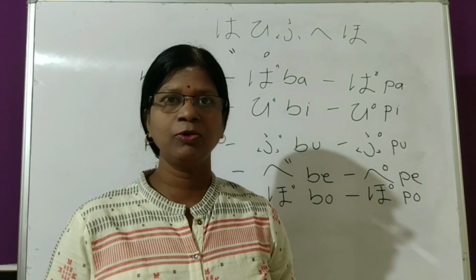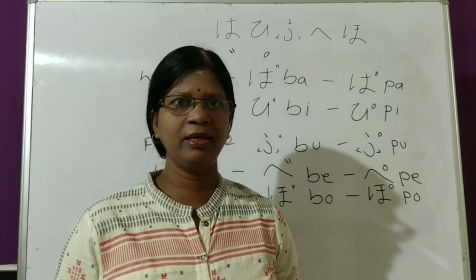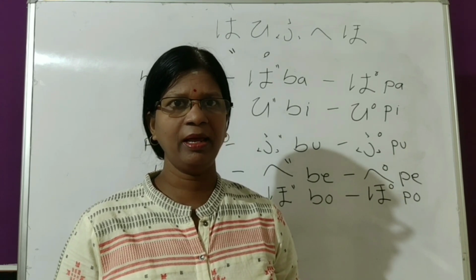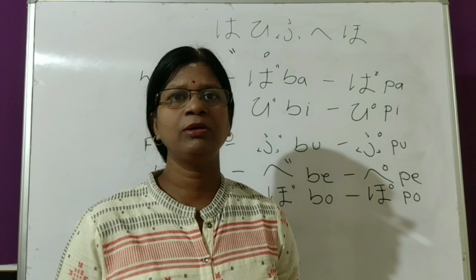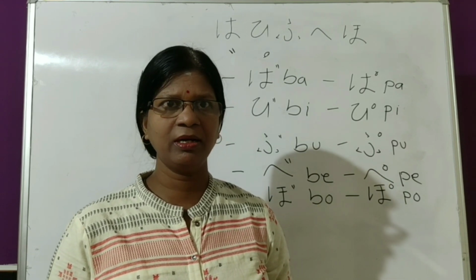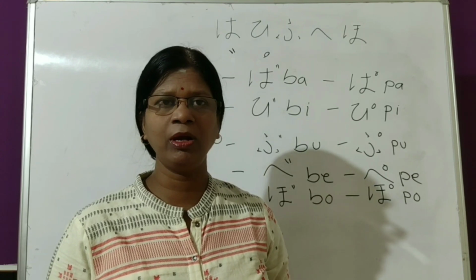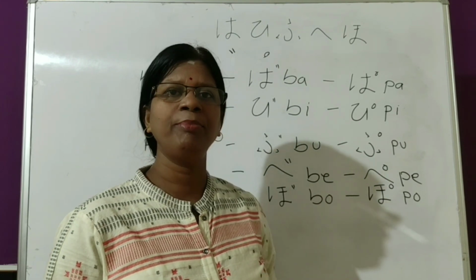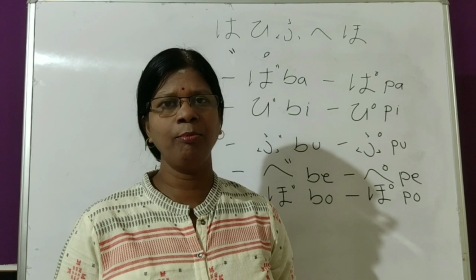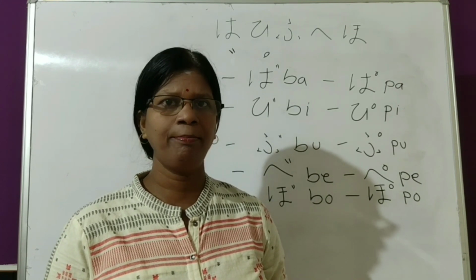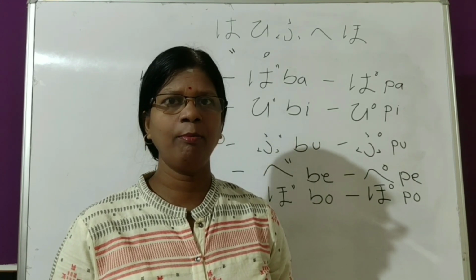Okay. Today we learn ha, hi, fu, he, ho, and with help of the voice mark and handakuten or you can say plosive mark, we learn ba, bi, bu, be, bo and pa, pi, pu, pe, po.